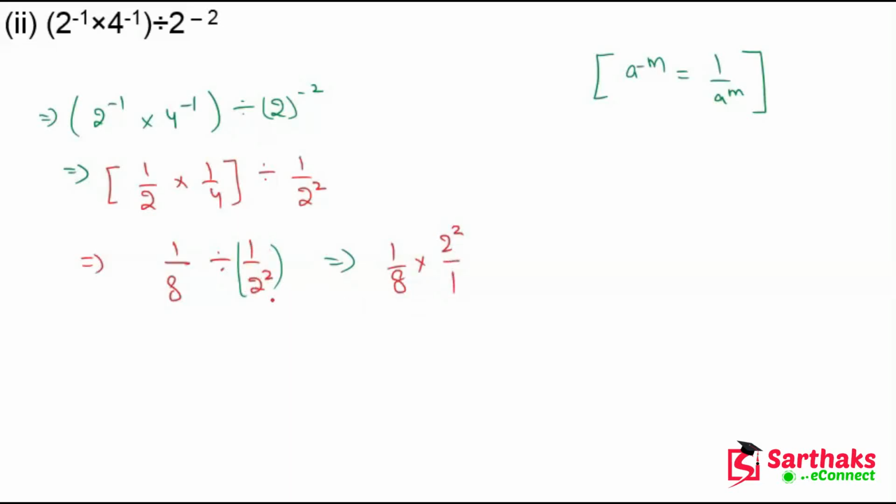Reciprocate. So here we get 1 upon 8 into 2 raised to power 2, which is 4. Got it? And here we can divide 8 by 4 in 2 times. So we get the answer 1 upon 2. This is the answer.